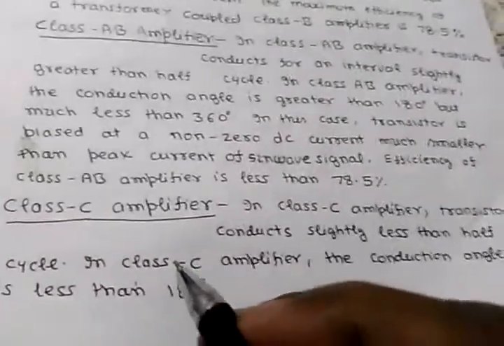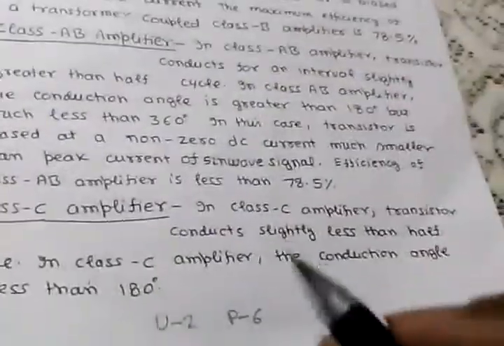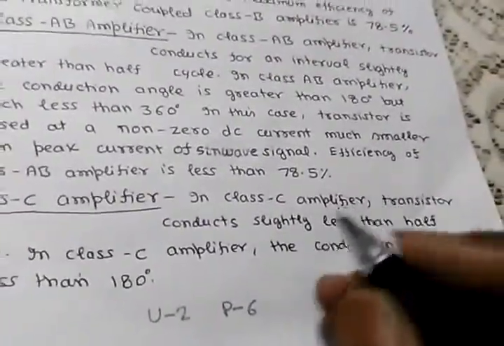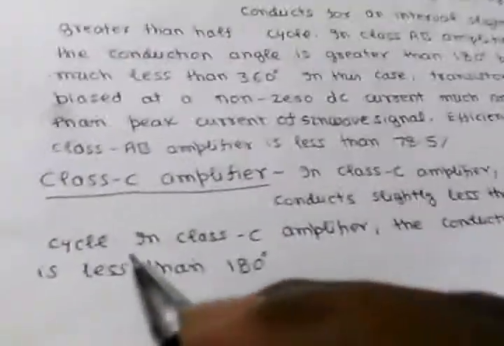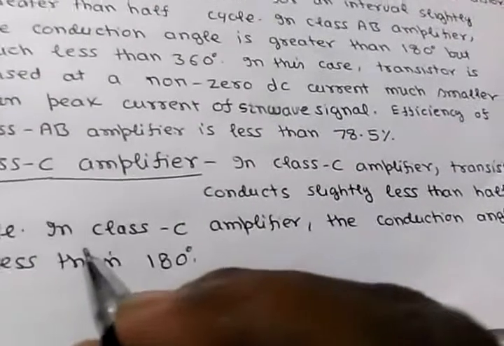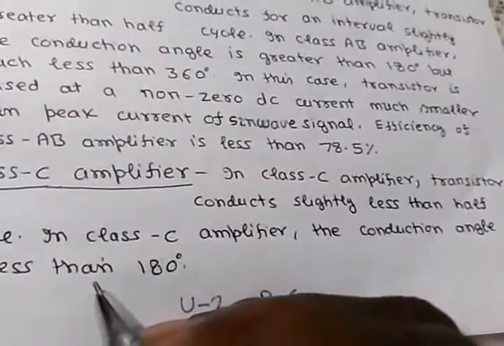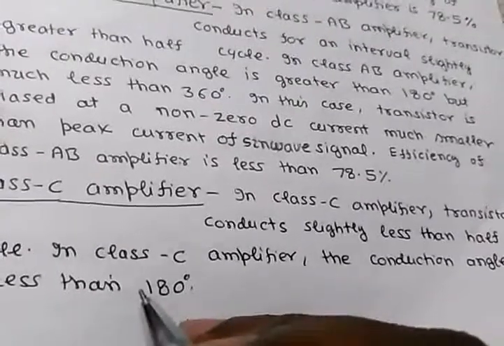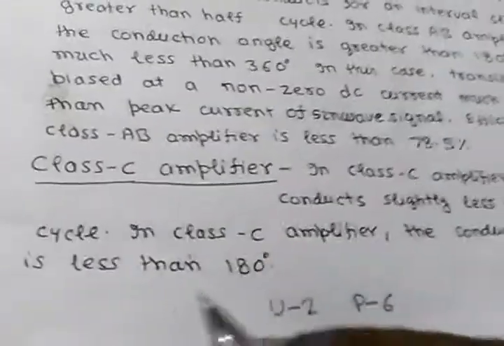The fourth type of power amplifier is class C amplifier. In class C amplifier, the transistor conducts slightly less than half cycle of the input signal. It means in class C amplifier, collector current will flow only for less than half cycle of the input signal. So conduction angle is less than 180 degrees.